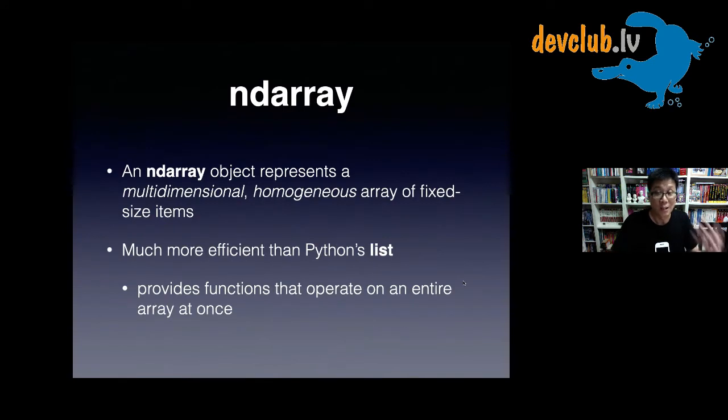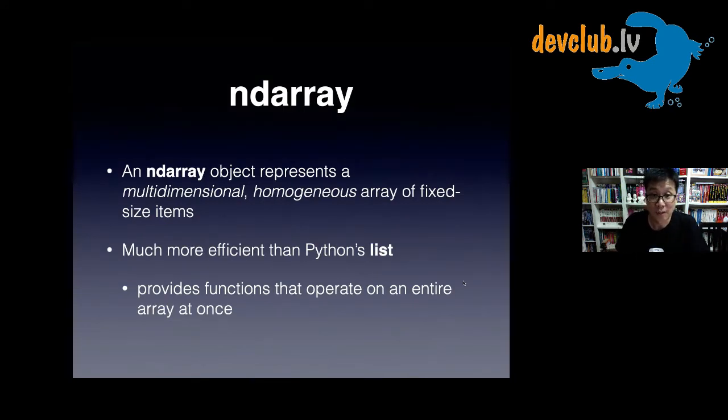Arrays in NumPy are of this type called ndarray, and it represents a multi-dimensional homogeneous array of fixed-size items. Okay, so in summary, NumPy arrays are much more efficient than Python's list.